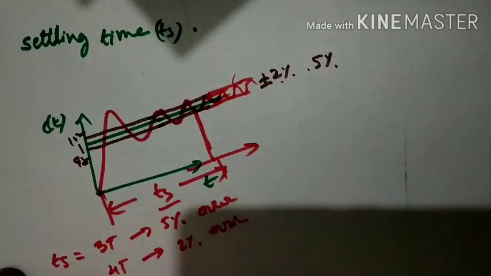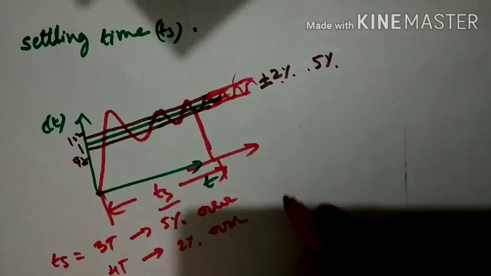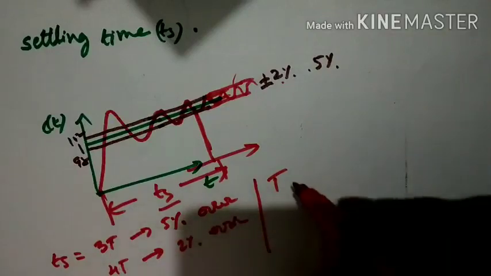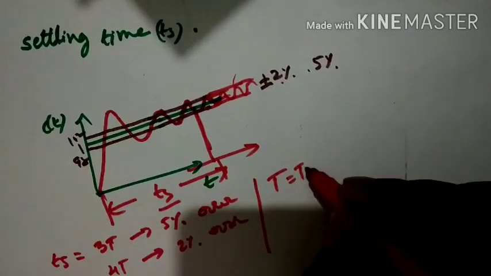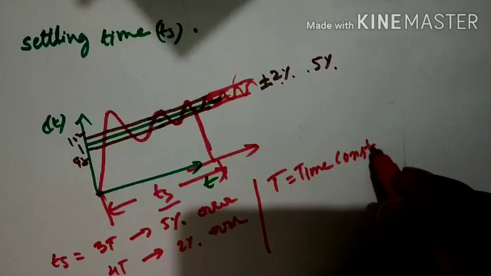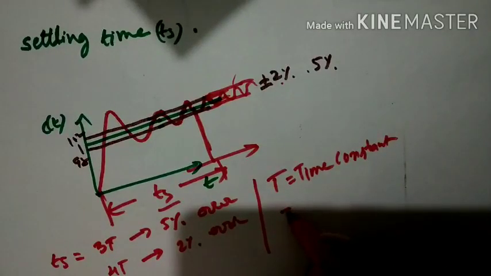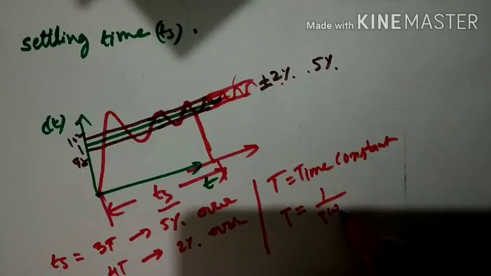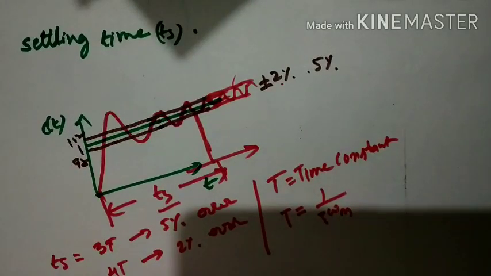So that is 3T for 5%, 4T for 2%. What is T here? T is the time constant. The time constant T is equal to 1 by zeta omega n.